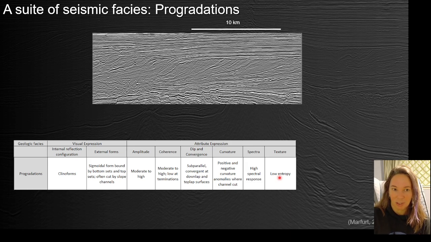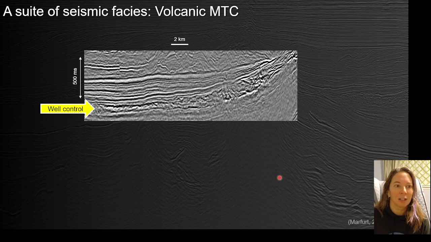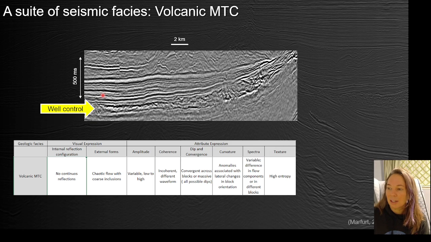Here's a case of the volcanic mass transport complex. Again, we know it's volcanic because of the well tie in the area. So the well is right around this area. I don't have it projected on here. And again, there's no great reflections inside. The external form would look very chaotic.